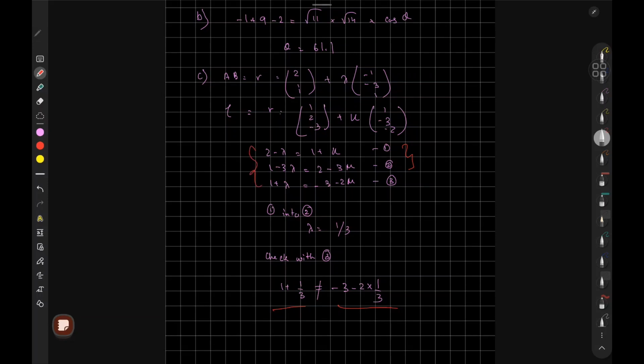And I guess in the mark scheme they're asking you to show for all the equations, because in certain cases the lines may be skewed, meaning in one axis they might not have the same coordinate, but in other axes they might have the same coordinates. In those cases they are called skewed.